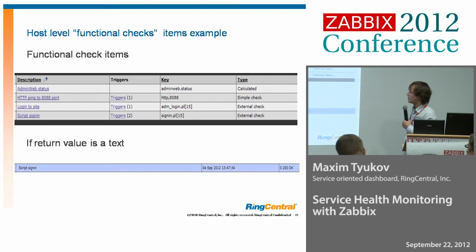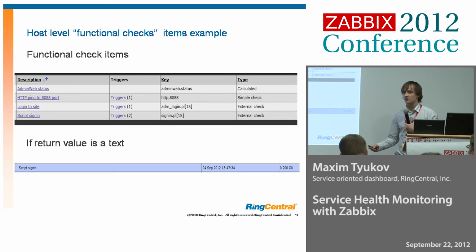Here is an example of functional checks. The main items here are login to site and script sign in. Actually, both of these checks are executed as a sign in to the website or service site, in different ways. It doesn't matter how, and they return 1 if OK and 0 if failed.